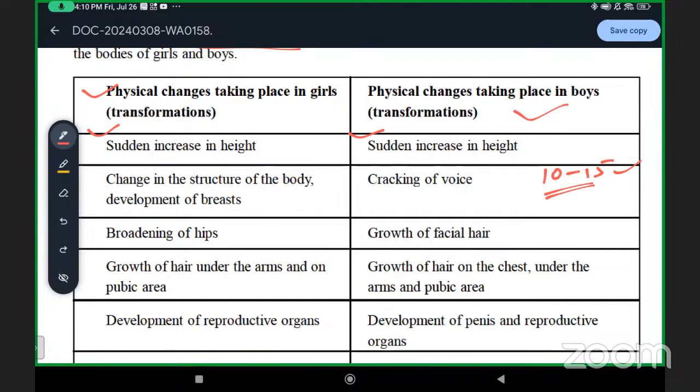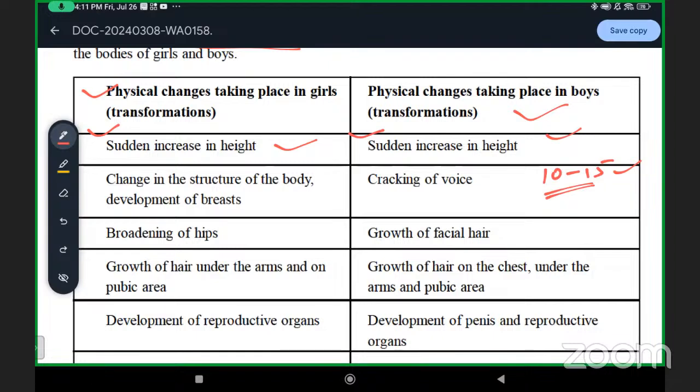Some people it's very sudden, some people it happens slowly, but height increase happens in boys and girls until the period of 18 to 20 years.